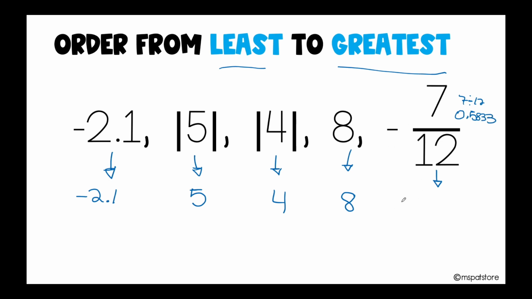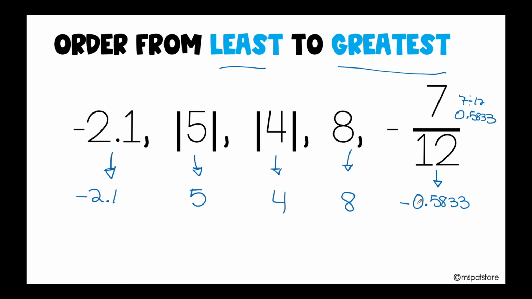Remember that it's negative, all right? Negative 0.5833. So now I need to think about out of all these numbers, which one is the smallest one? Of course, I am going to focus on the decimal numbers first.